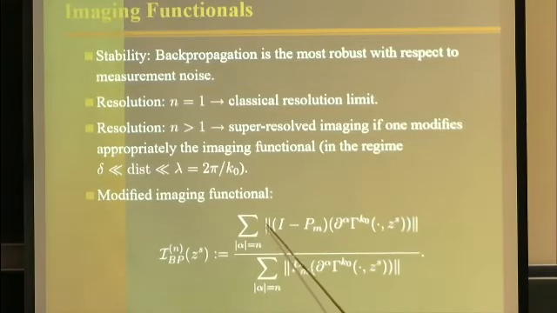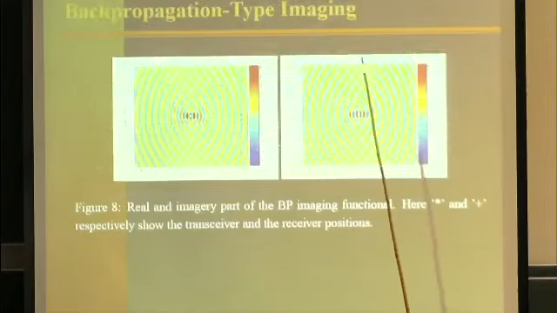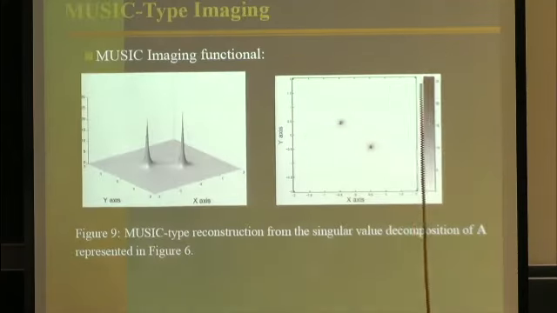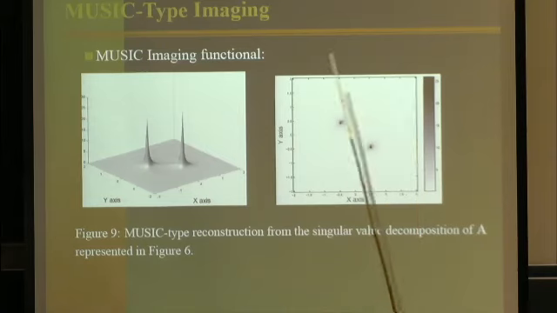There is always a trade-off between resolution and stability. If you project higher order derivatives of the Green function, you can get super-resolved imaging. If you project the 0 derivative plus the 1 derivative, you can forget it. It's impossible. Okay, so these are just figures. This is what backpropagation looks like. This is what MUSIC looks like. It's sharper, but it's not more resolved.